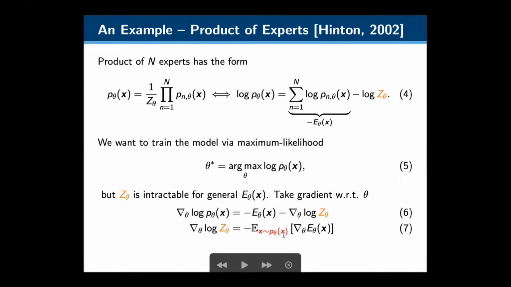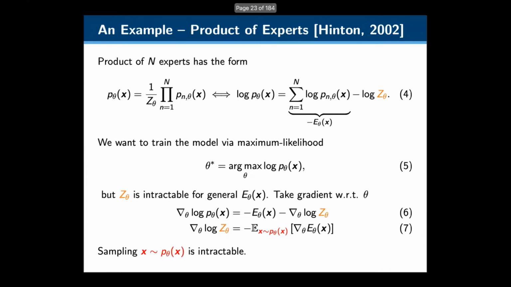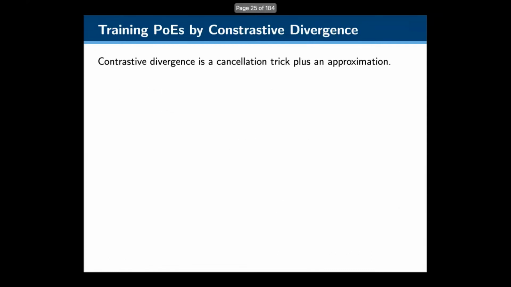That is just as intractable as integrating the normalizing constant, in a sense, because it amounts to doing Monte Carlo, drawing samples from an arbitrary distribution, and doing that in MCMC can be quite hard. So drawing these samples is intractable in general. What Hinton proposed is contrastive divergence. As we'll see, contrastive divergence is a cancellation trick plus an approximation.